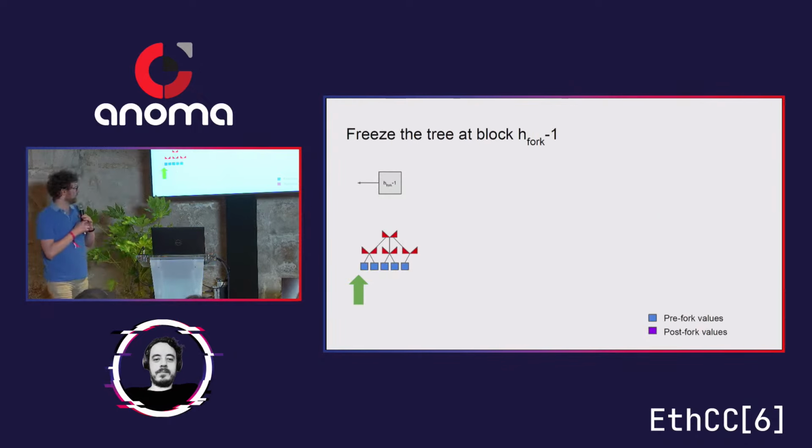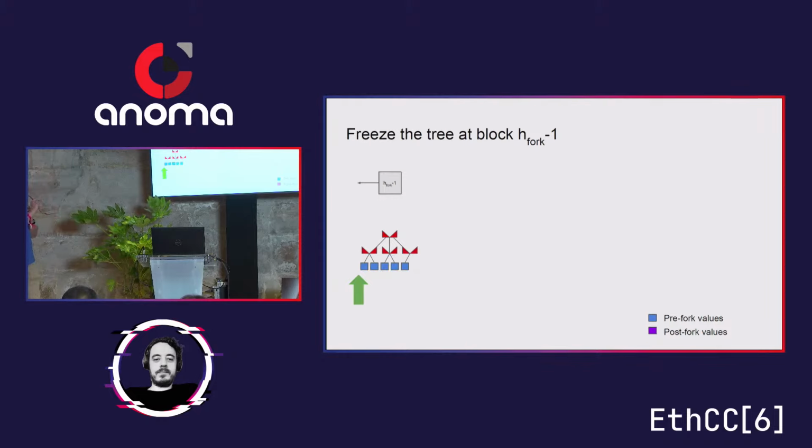I'm kind of in the way, so I'm going to present the structure of how it plays out. So you have the fork, you have the blocks, and we have a block that is currently just before the fork, and this thing here represents the current Merkle-Patricia tree at the height of the block.